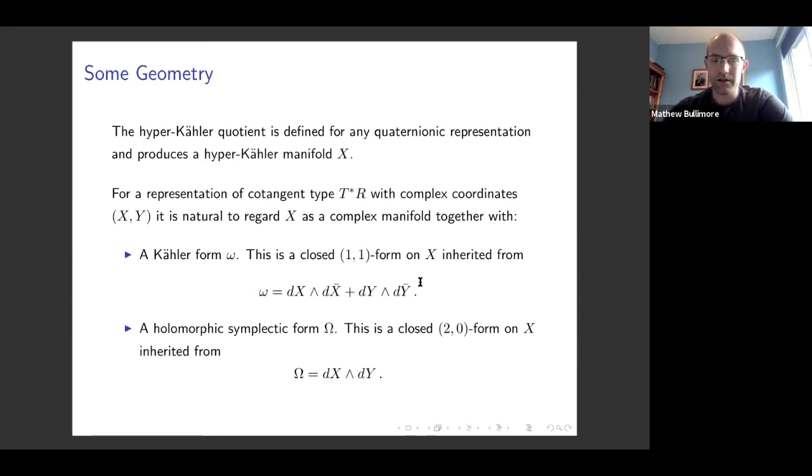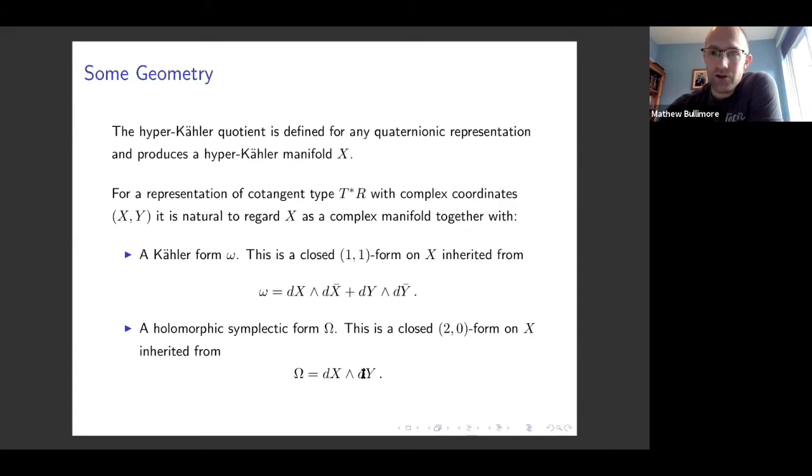So it's the thing that looks like this. Likewise, this space also has a holomorphic symplectic form, which is a closed 2-0 form, inherited from the one you get by taking dx wedge dy. So we can think about it as a complex manifold together with these two additional pieces of structure.